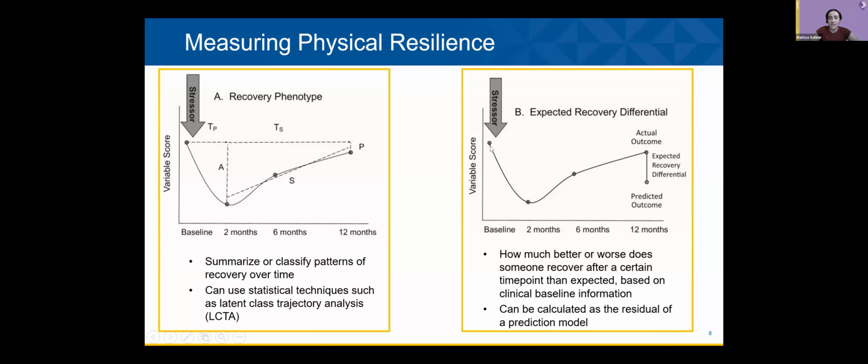You can see their observed trajectory is the same as before, but we're more interested in this actual outcome versus what we predicted them to be at 12 months. That's how we define the expected recovery differential. In more statistical terms, it can be calculated as the residual of some sort of prediction model.